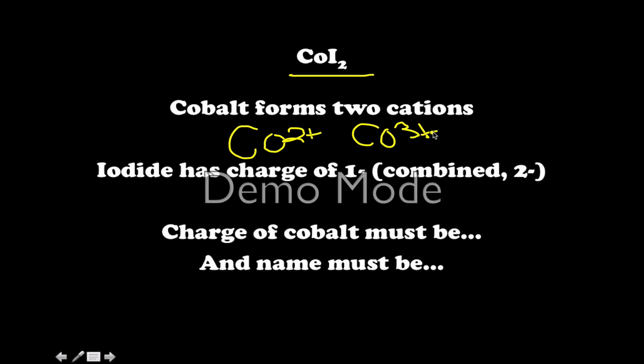And iodine ions have a charge of 1 minus. However, combined, iodine has a charge of 2 minus. This means that cobalt's ion must be 2 plus to balance the iodide. Therefore, the name of this binary compound is cobalt 2 iodide.